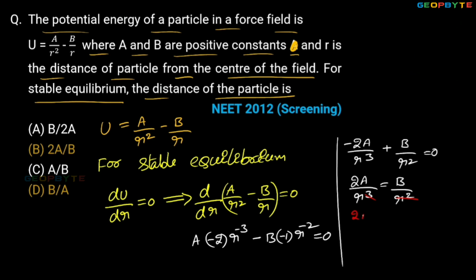Then finally it is 2A by r equal to B. Therefore, the distance of the particle from the center of the field is 2A by B. That is the answer, 2A by B. Look at the option B. Option B is absolutely correct. Are you following clearly? Yes.